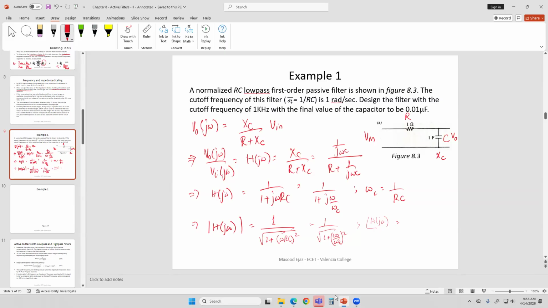Edwin, what do you say? Negative arc tangent of omega RC, okay. And how did you calculate that? What about the numerator? I'm not asking you to look at ChatGPT and then give me the answer.